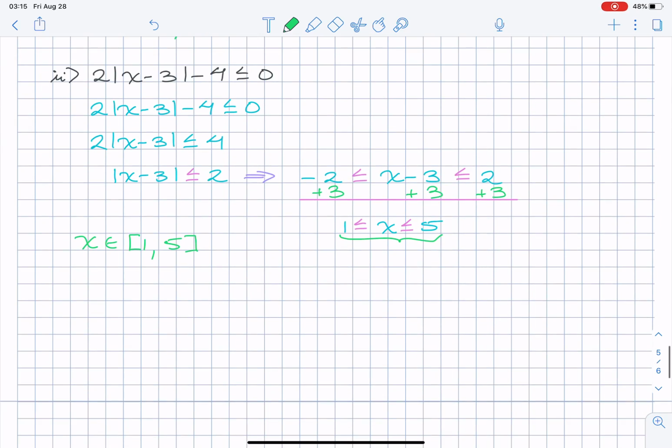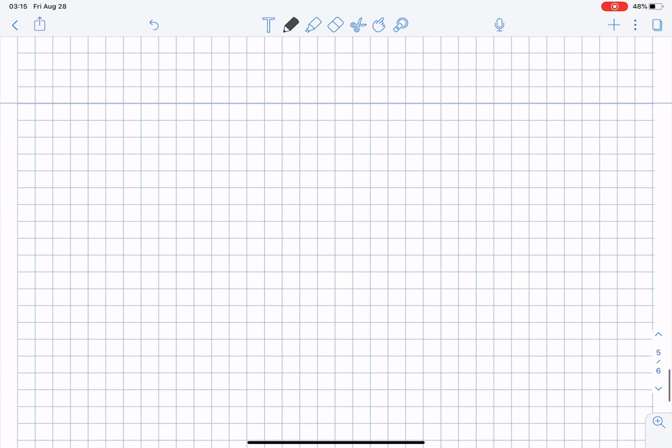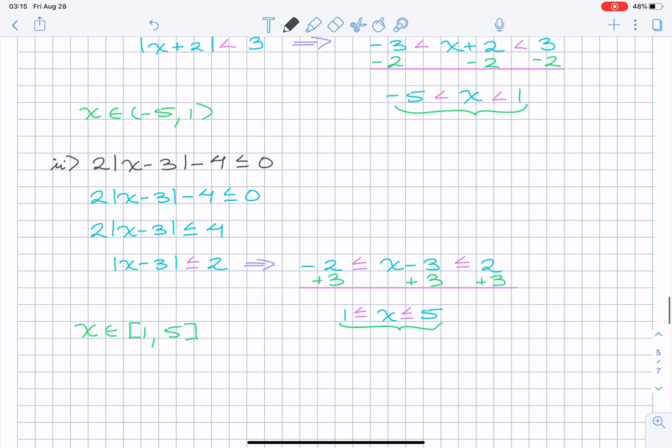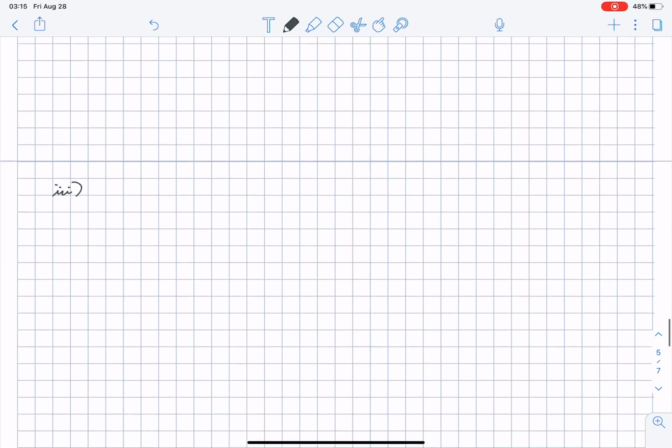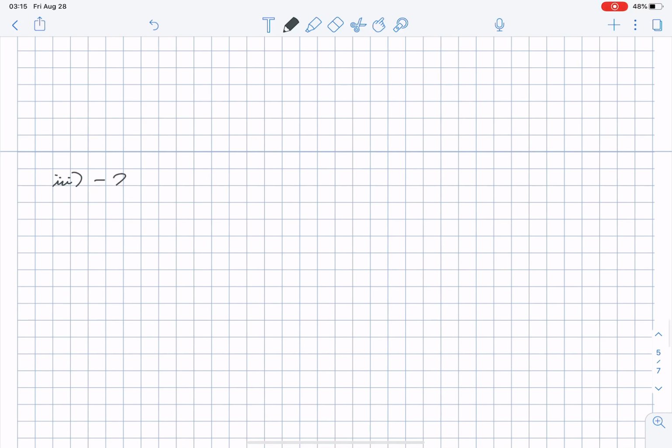Okay, let's do number 3. Go to the next page for this. Okay, so let's see, which one did I do there? Okay, so let's do negative 2 plus the absolute value of x minus 1 is strictly larger than 0.